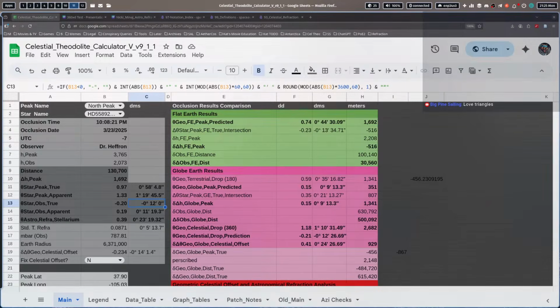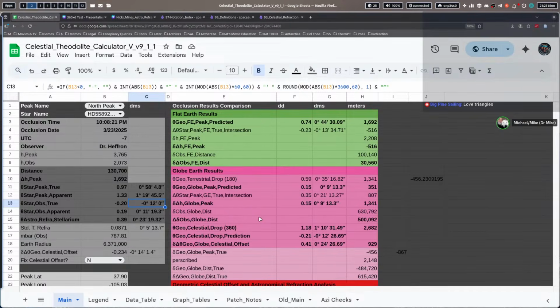All right. Does anyone else have any questions? I have a comment if that's okay. Go ahead. I just checked the spreadsheet, and when I calculate delta H, I am taking the observed angle minus the predicted angle.